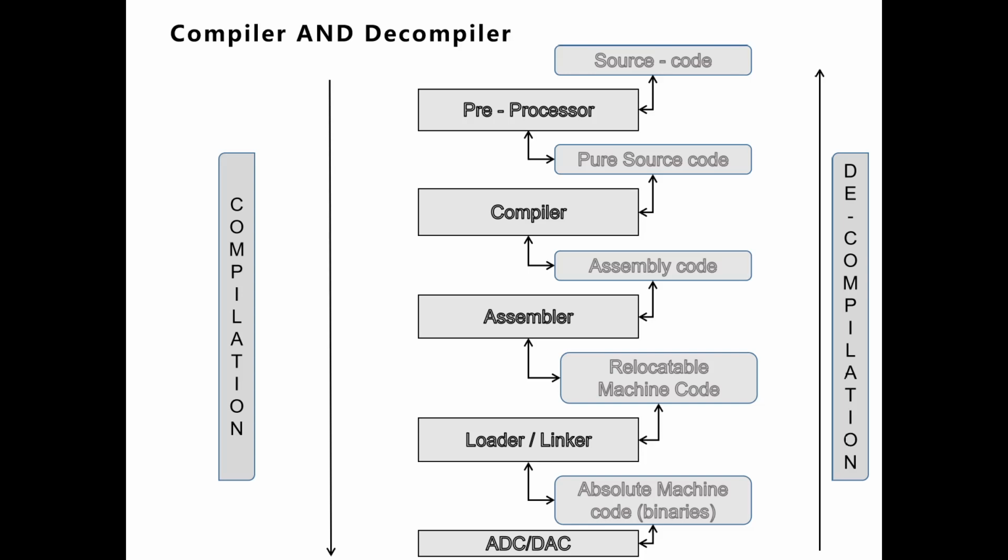Now the compiler is ready to understand that. Once the compiler gets the source code, it starts transforming it into what we call assembly code. Assembly code is also understandable by humans, but only by specific people who have read through some assembly programming languages.